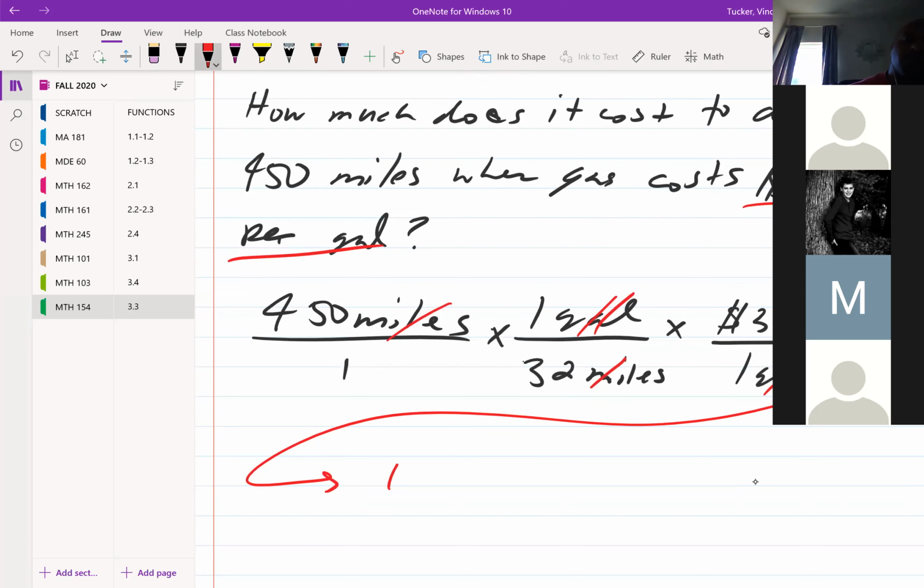So when you do the work, that's 450 times 3.5 over 32. And you just go straight across. And that is in dollars, but we'll bring it back.